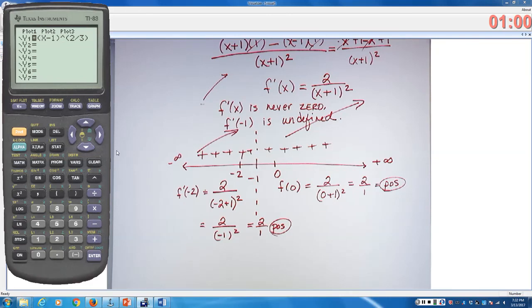So our original function was x minus 1 divided by x plus 1. What happens as I come up toward -1 from the left? It's increasing. What happens after I jump over where it's undefined? Is it still increasing? Okay.